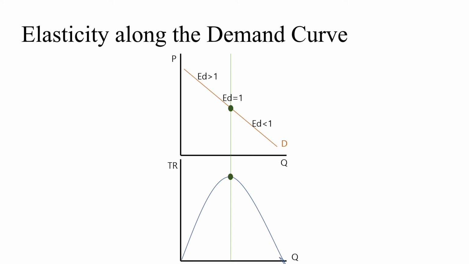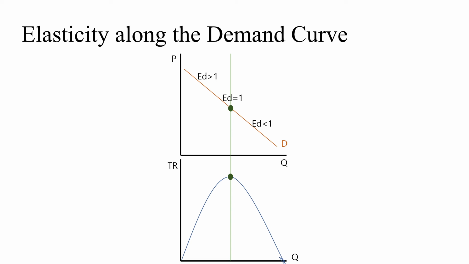Next we have elasticity along the demand curve. This is just a simple photo showing the relationships of elasticity along the same demand curve. The point where ED, the price elasticity of demand, equals 1 would be our midpoint.